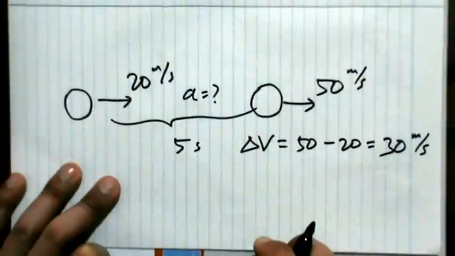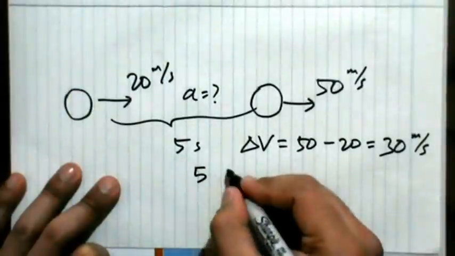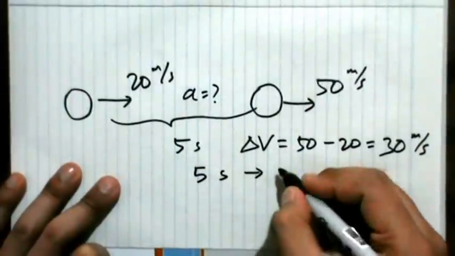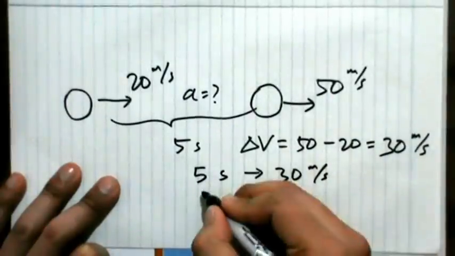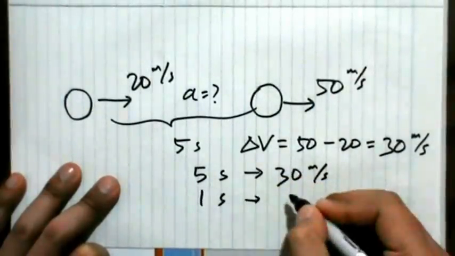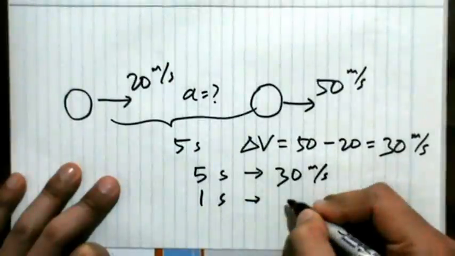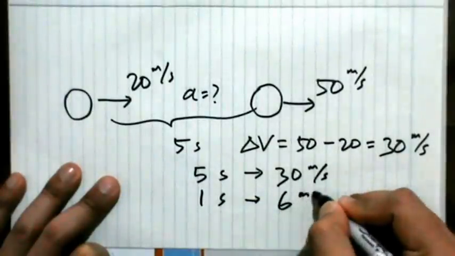Now we can write like this. In 5 seconds the speed is increasing 30 meters per second. So now let's find the value of the increasing speed in 1 second, and you can find it's 6 meters per second.